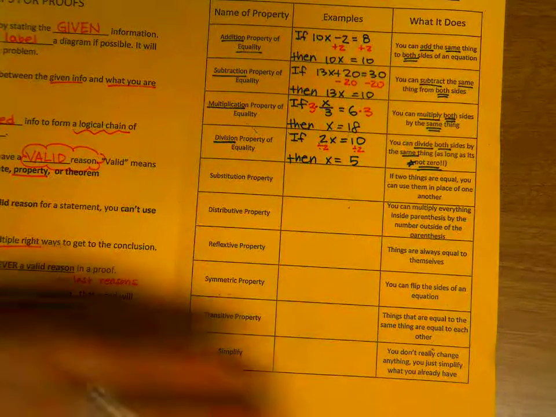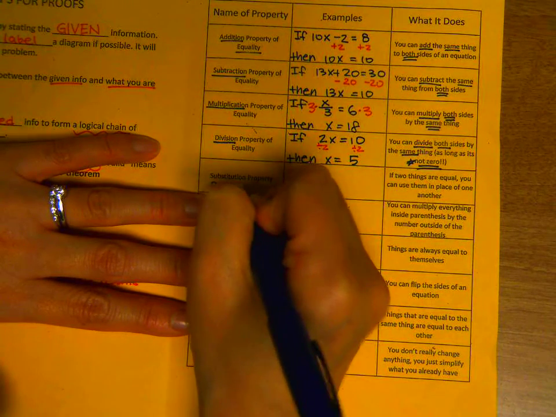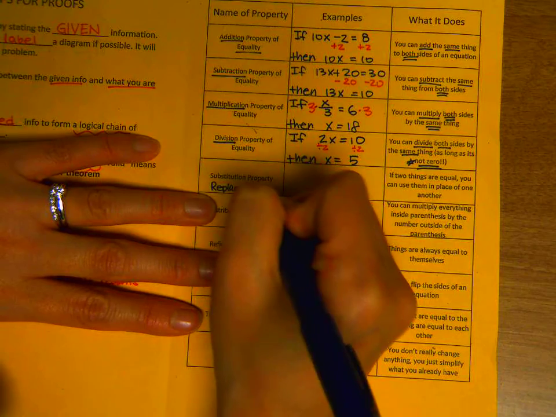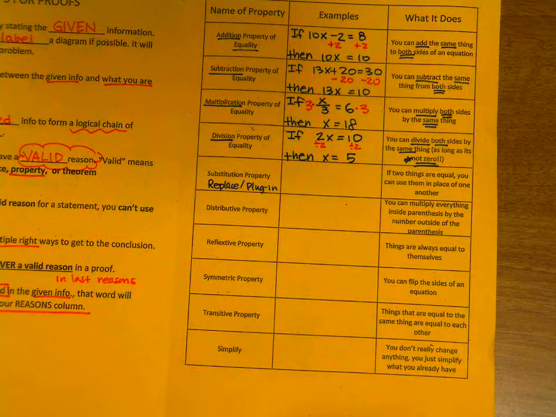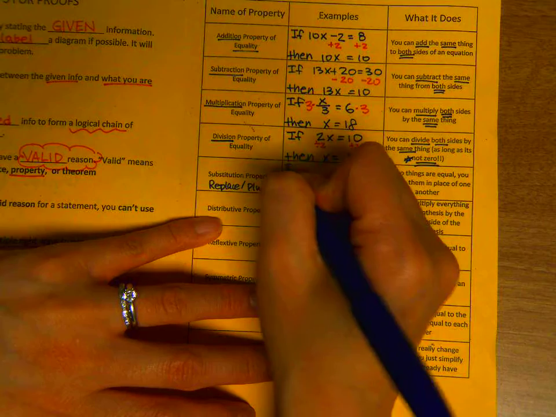Substitution property. In other words, for substitution, replace or plug it in. So in the equation, if we have to plug in different values, then we call it substitution. So here's an example.